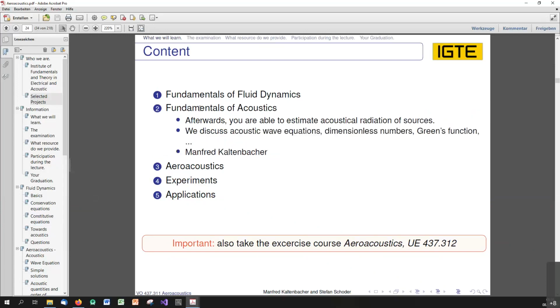Then in the fundamentals of acoustics, we will discuss the acoustic wave equation, also dimensionless numbers, and Green's function, and how to propagate acoustics with an analytical model.